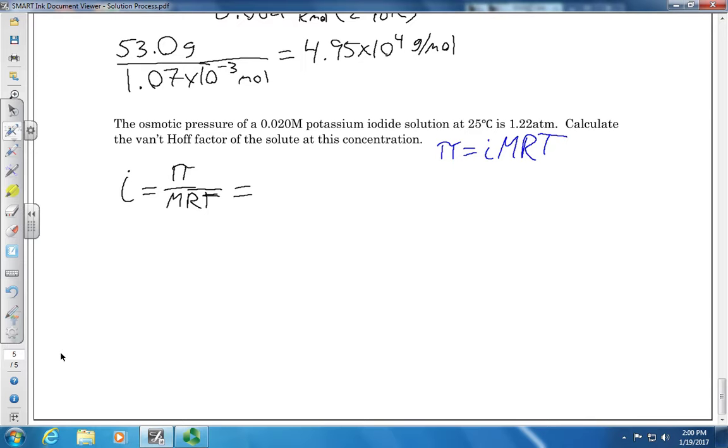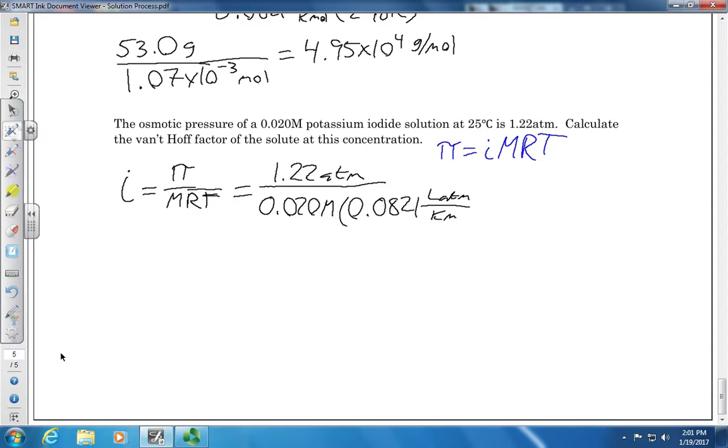So plugging in all of our values, we have 1.22 atmospheres divided by 0.020 molar times 0.0821 liter atmospheres per Kelvin mole times 298 K.